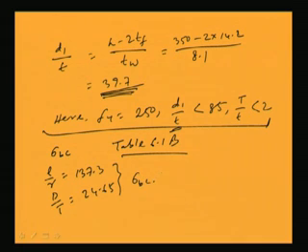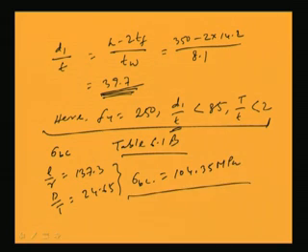This sigma BC value will become 104.35 MPa, right? So the allowable stress due to bending and compression will be 104.35 MPa.